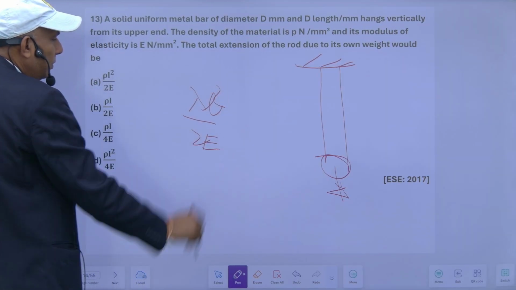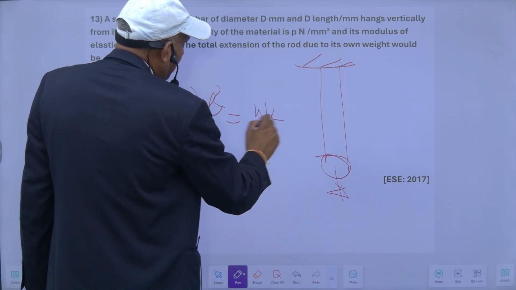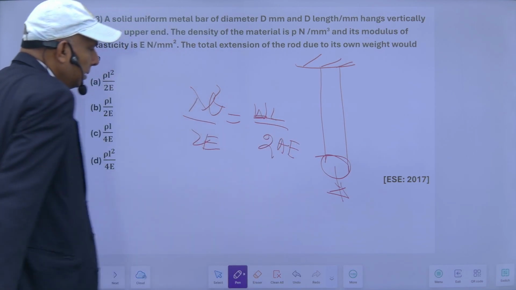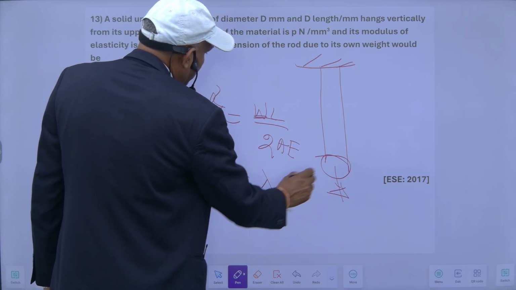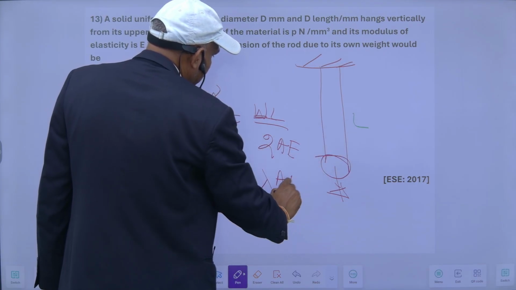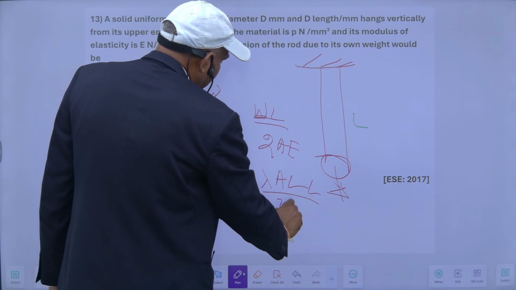Otherwise I can say WL upon 2AE, where W is the self weight, and self weight is density into area into length, so volume into density into L upon 2AE.